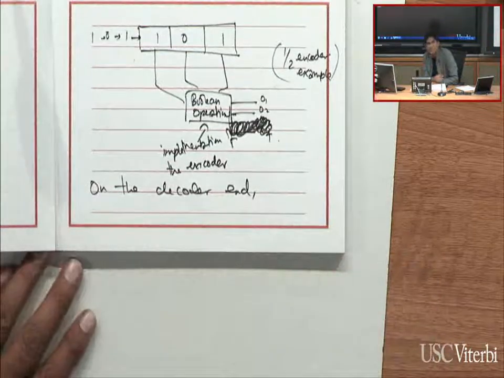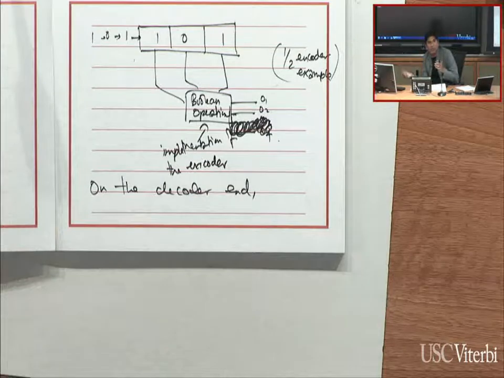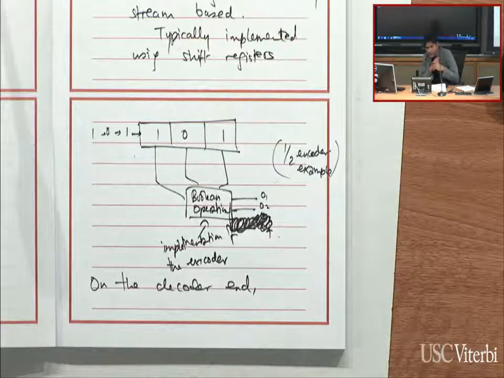On the decoder end, for block codes, it's very simple. It's basically just a lookup table, right? You get this particular code word, you should output this bit, or some other decoding algorithm. In the case of convolutional codes, there are a number of techniques that have been used for decoding convolutional codes.